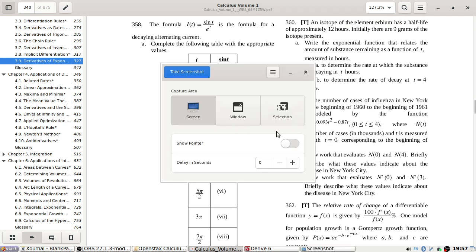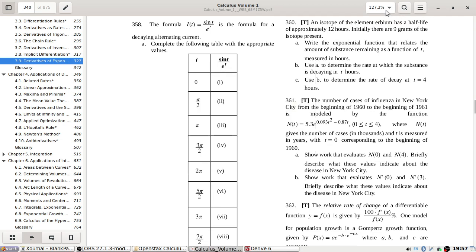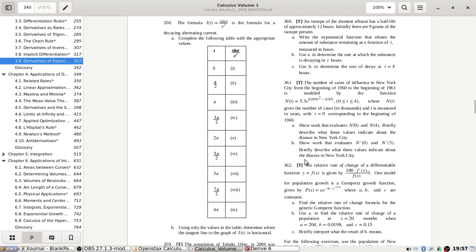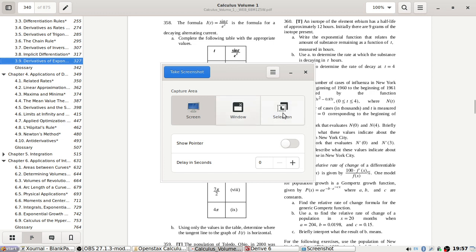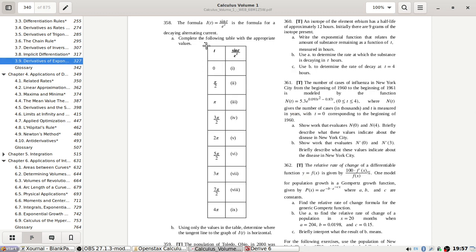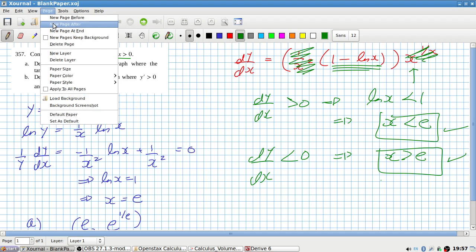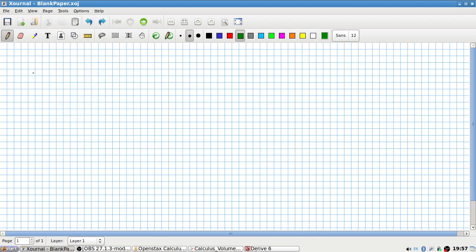Okay. Let me just zoom out a little bit. Let's clear this off.